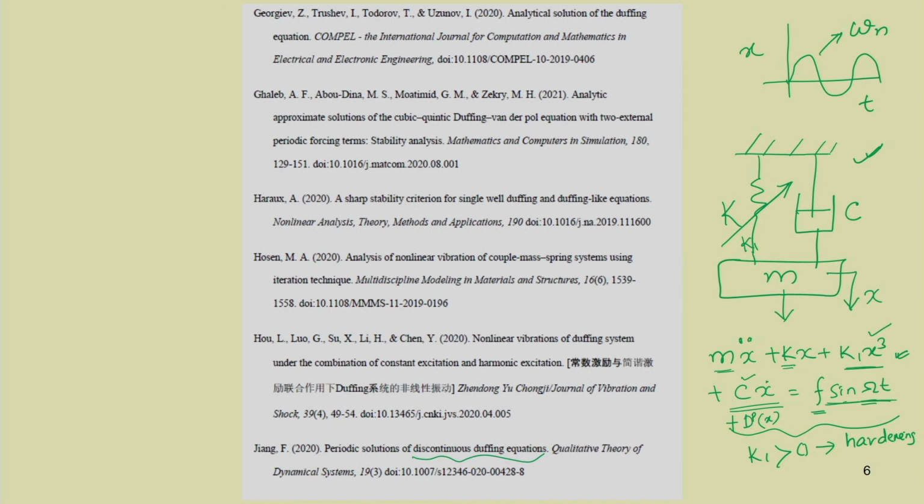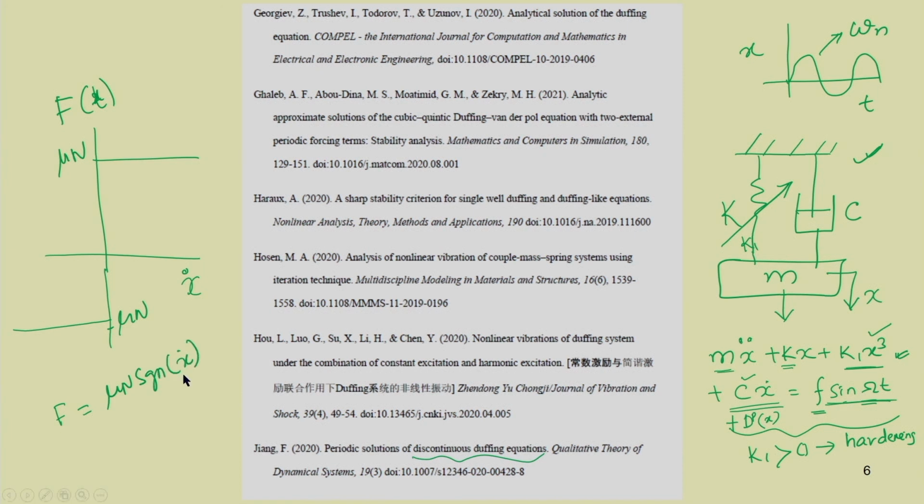For example, you just take the forcing that of a friction. If you have friction acting on the system, or if you remember the Coulomb type of damping, then you can write the forcing F equal to mu n signum x dot.